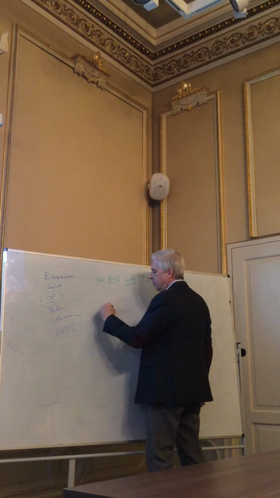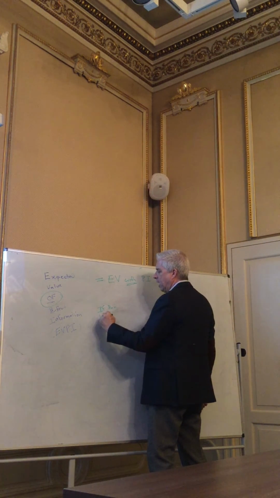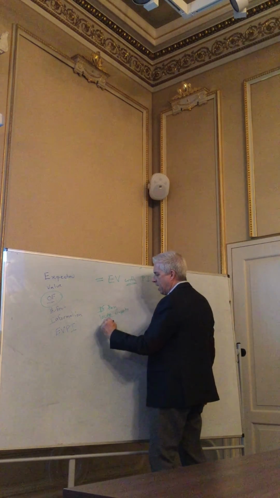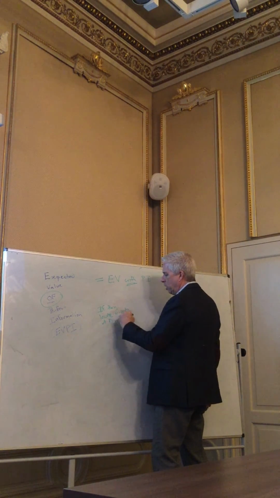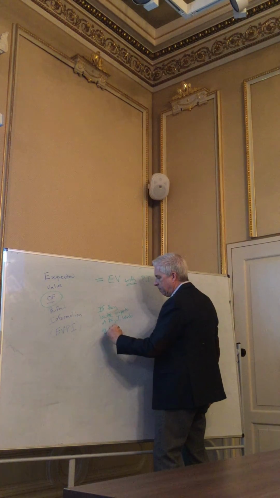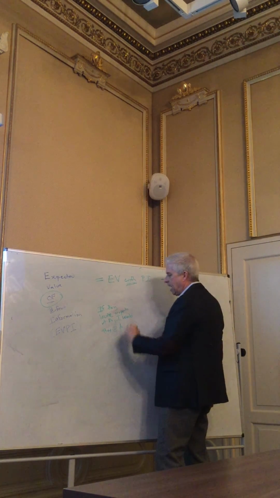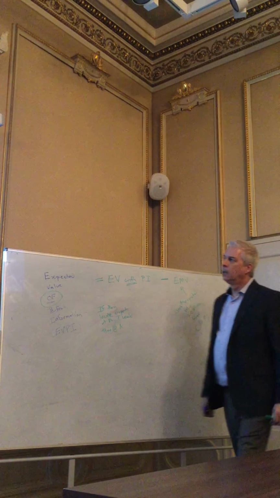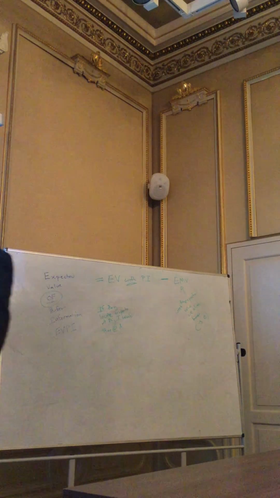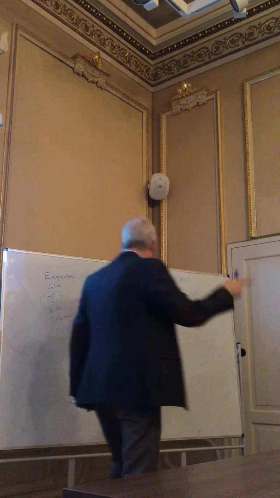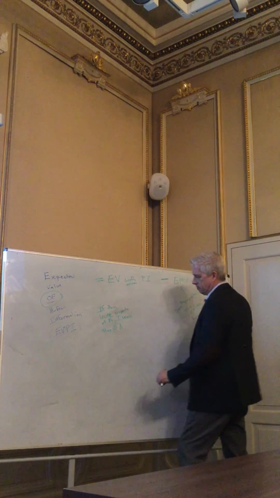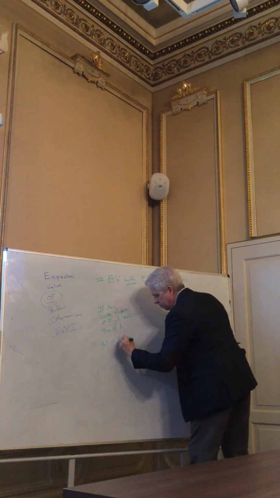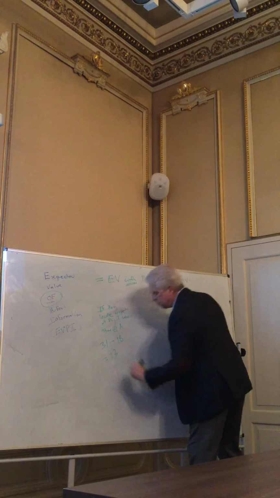So if they locate the airport at A, I would buy at A. And I would receive how much money? 31, but I had to buy it, so it's 31 minus 18 for a net of 13, right?